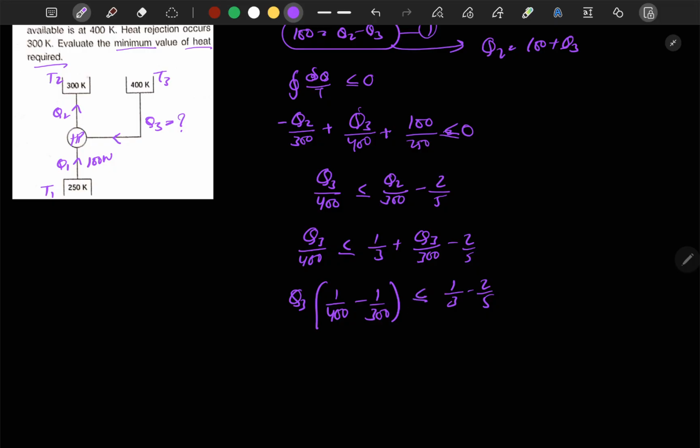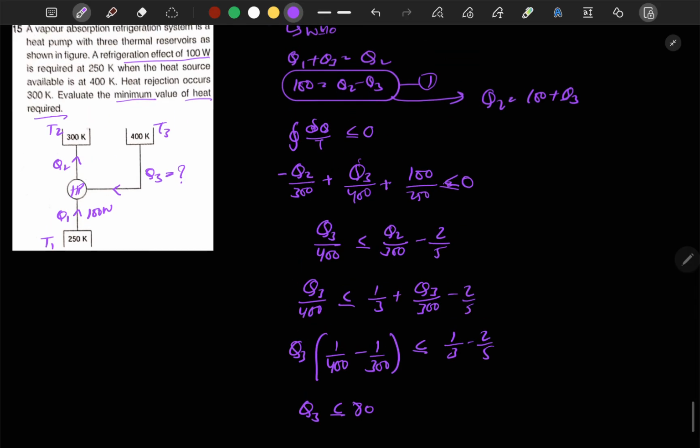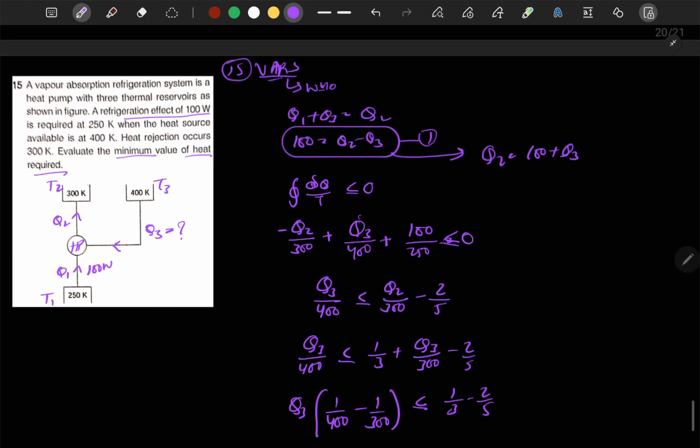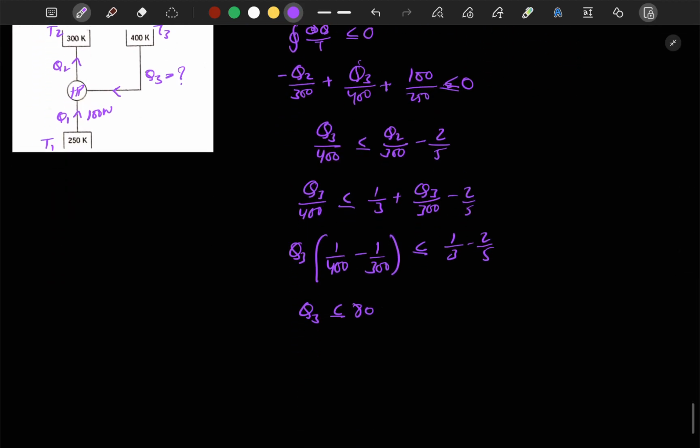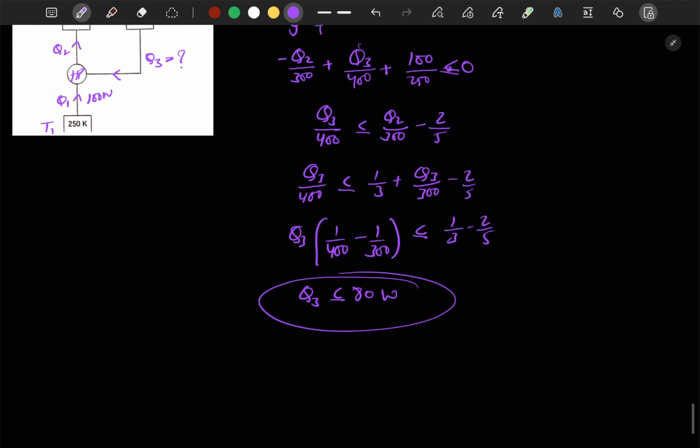Now if we solve this, we will get Q3 is less than or equal to 80 watt. So Q3 minimum is equal to 80 watt.